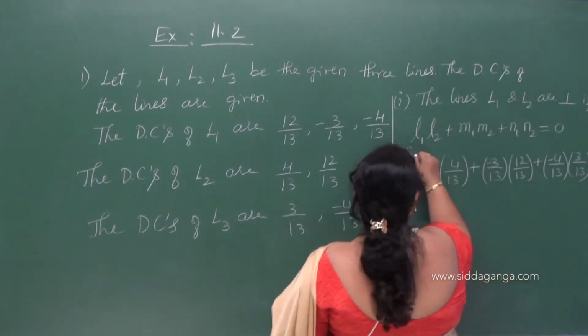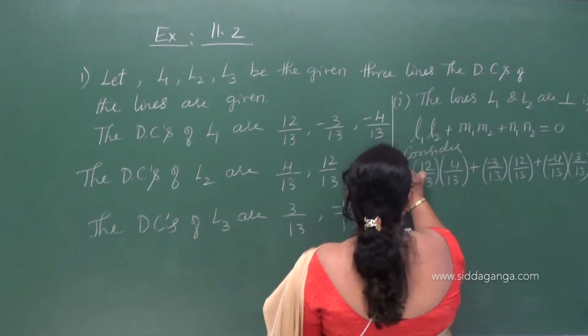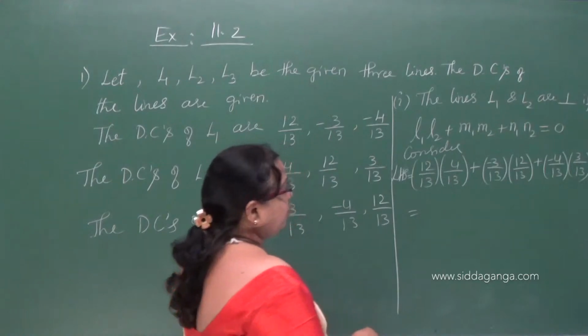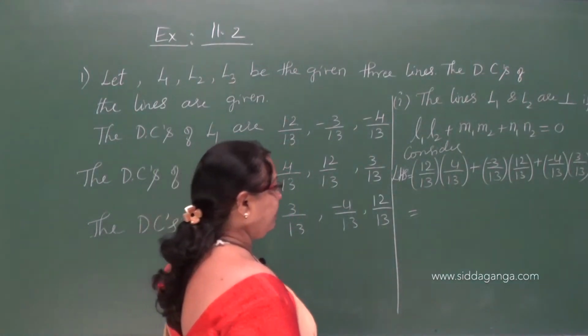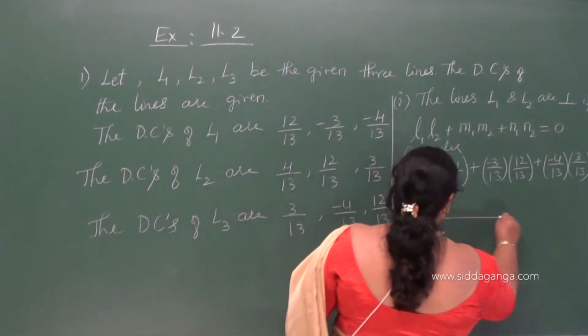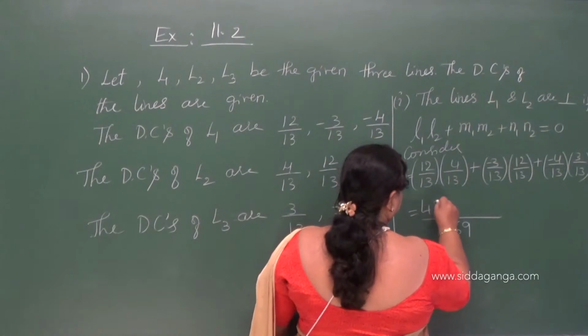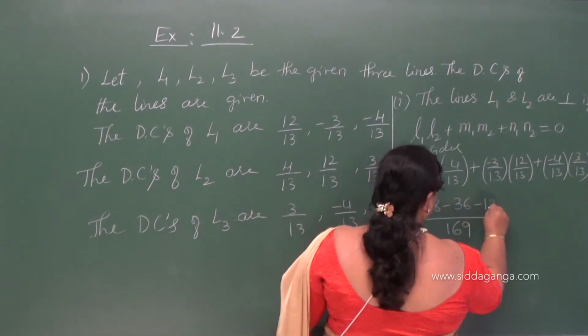So consider the LHS. The denominator is 13 square in all of them, the LCM is 13 square. That is 12 4s are 48, minus 12 3s are 36, minus 12.